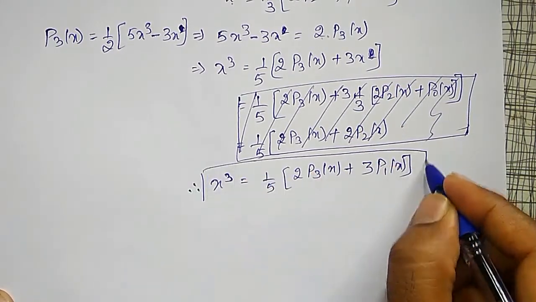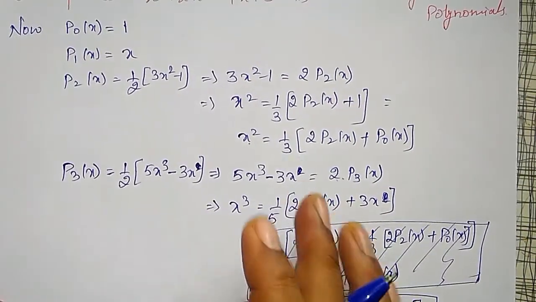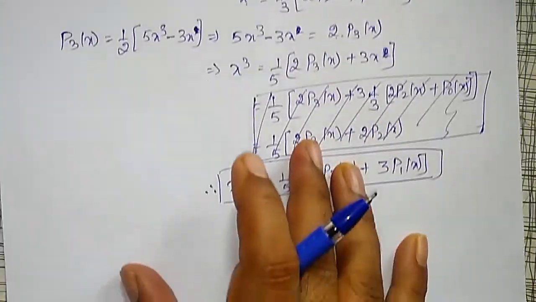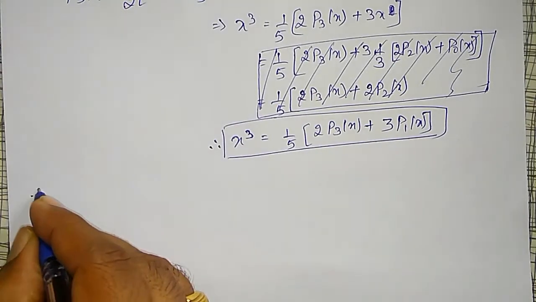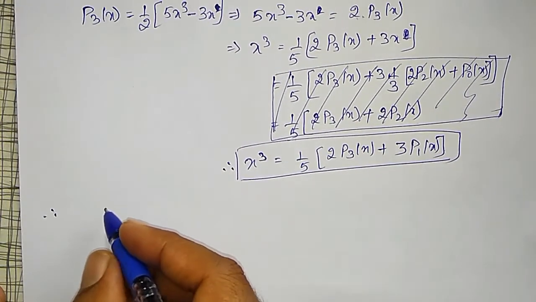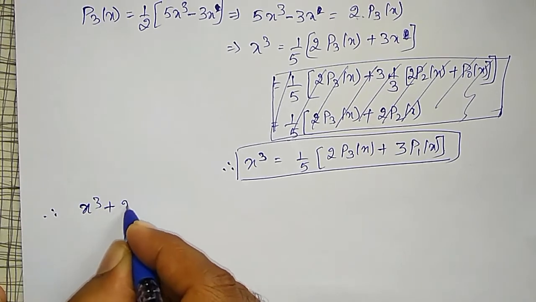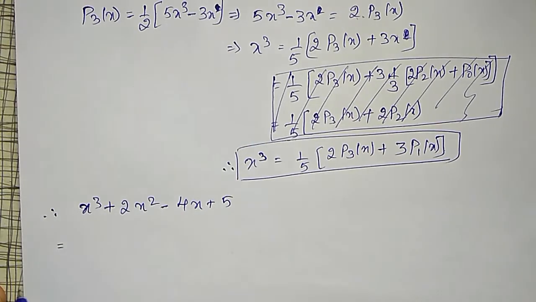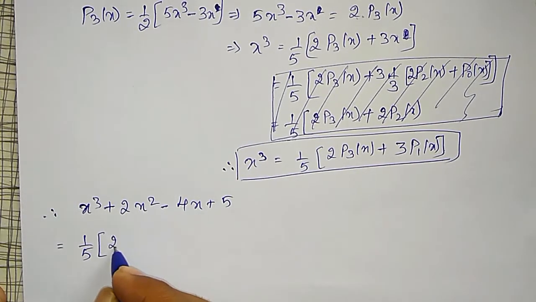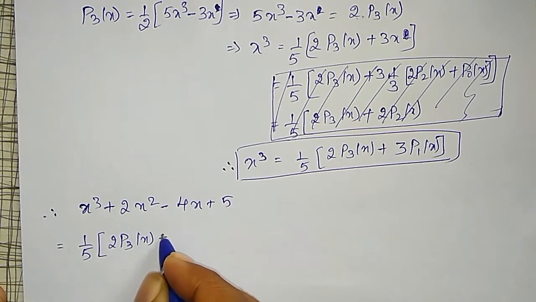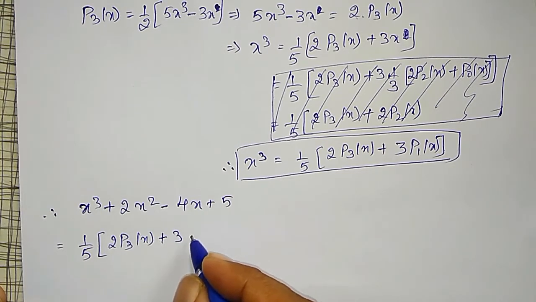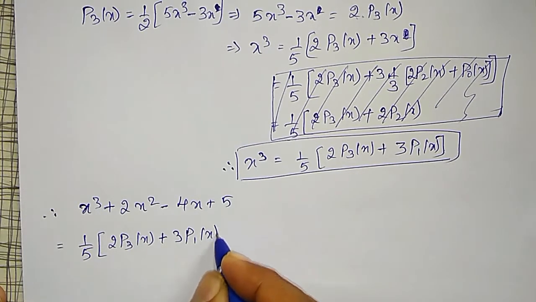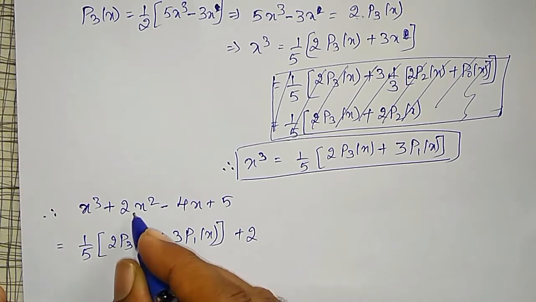All these things I will substitute in my given example. Therefore, x cube plus 2x square minus 4x plus 5 is equal to: x cube is replaced by 1 by 5 times (2 P3 of x plus 3 times P1 of x), plus 2 into x square.